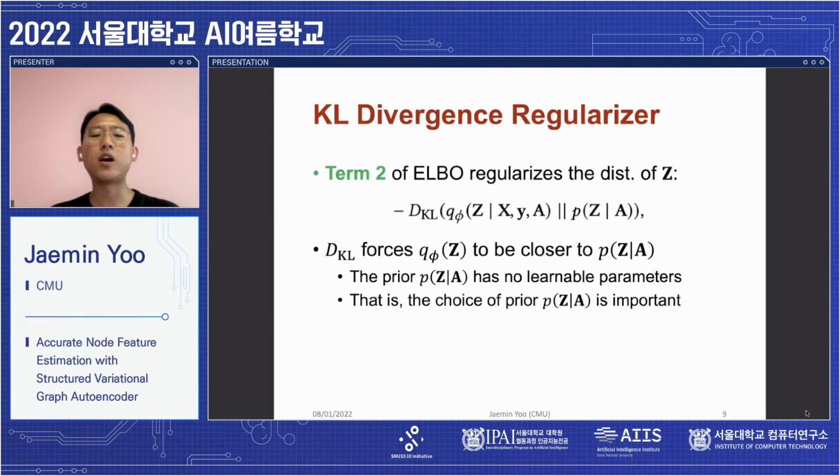This forces our target estimation of Z, or the parameterized distribution of Z, to be closer to the prior distribution, which contains no learnable parameters. This is straightforward because the prior distribution does not include any parameters. So that means that the choice of the prior distribution is very important for determining the amount of regularization on the parameterized distribution of Z.